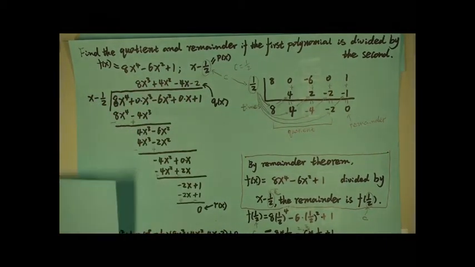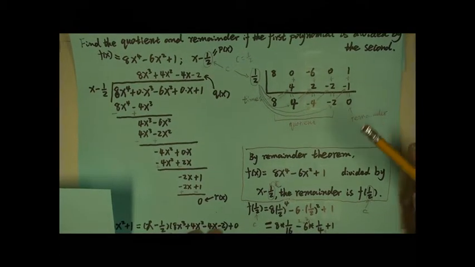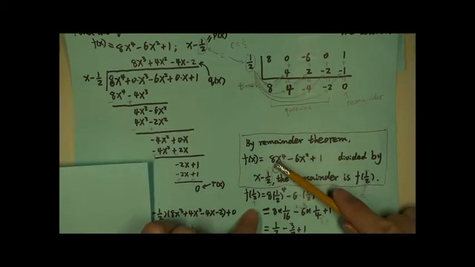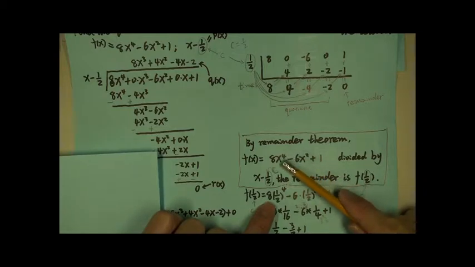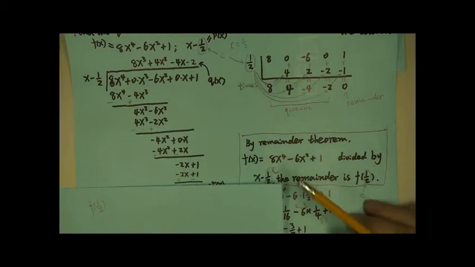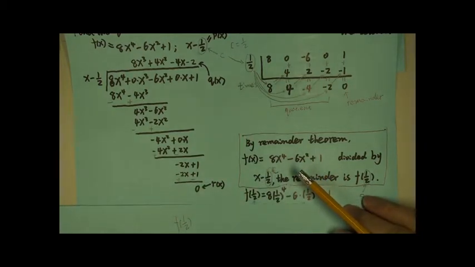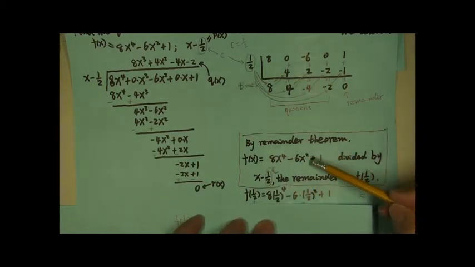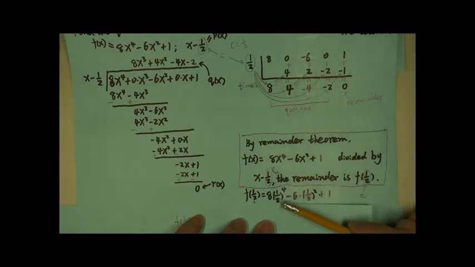If you plug in 1/2, then you will have 8 times x replaced by 1/2, and then here this x replaced by 1/2, and then plus 1. That will be 8 times 1/2 to the fourth minus 6 times 1/2 squared plus 1.